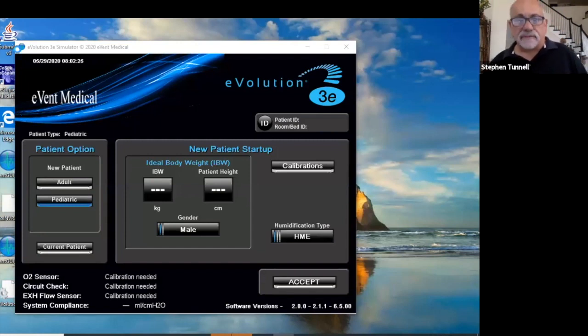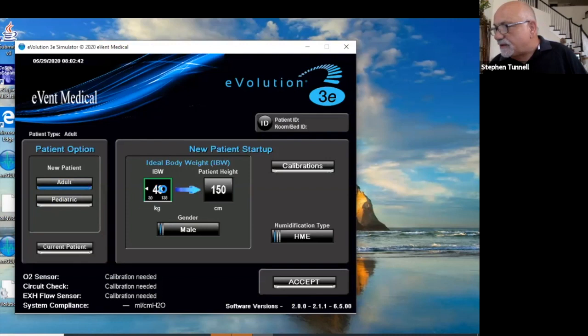This is what our system looks like. And basically the ventilator starts up. You choose the type of patient you want. It can be adult, pediatric, and I didn't activate infant on this, but we have 3 types of patients: adult, pediatric. You choose the body weight, how much the person weighs in kilograms. This is allowing you to quick start your ventilator. So you say 70, you accept that.